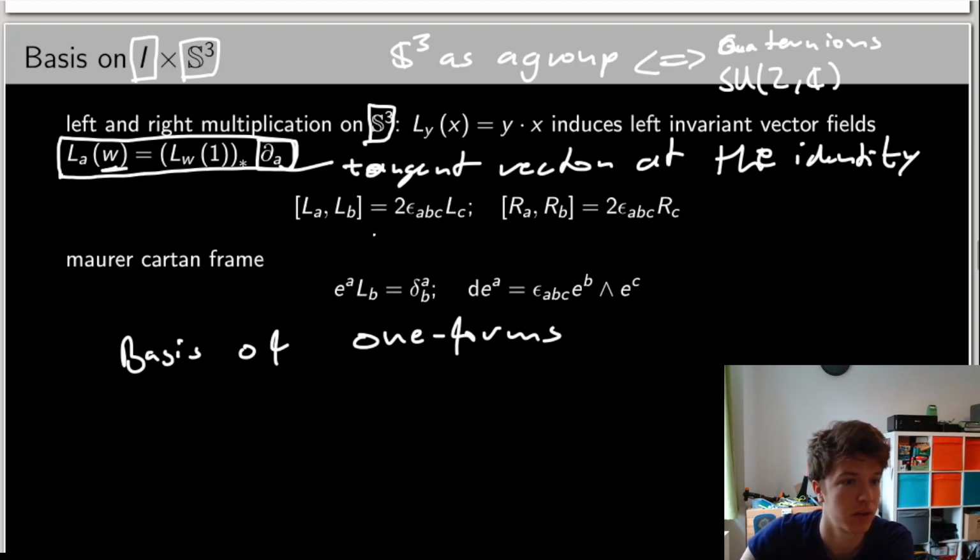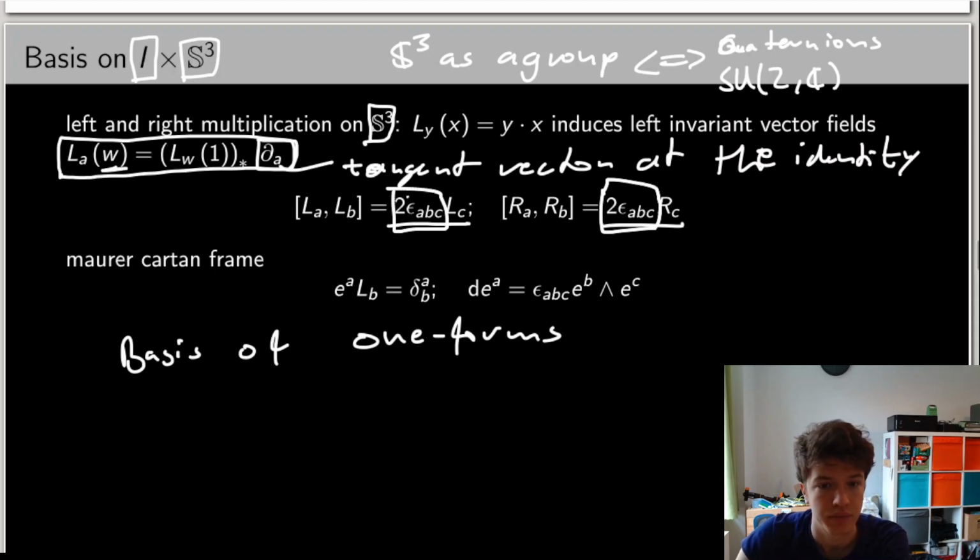And what is important if we have this Lie algebra then are these coefficients, and what is also clear and can be proven formally is that this gives then the Maurer-Cartan frame, which is the dual basis to that.